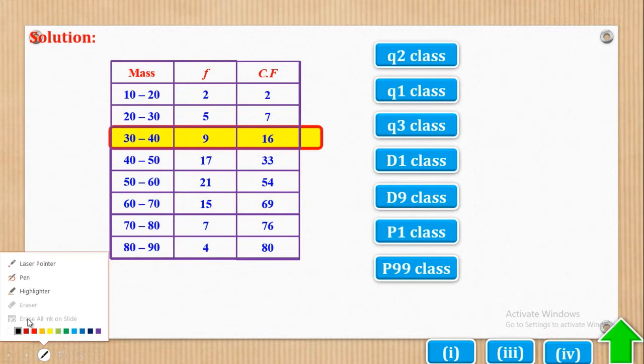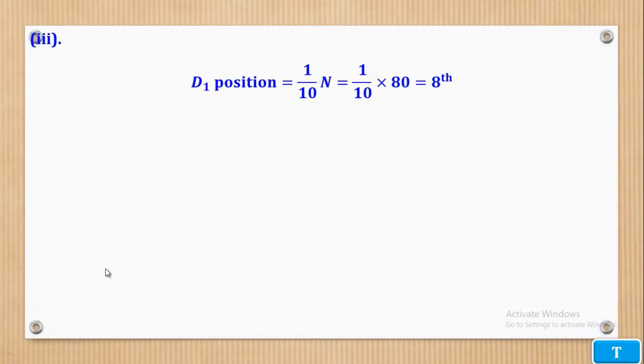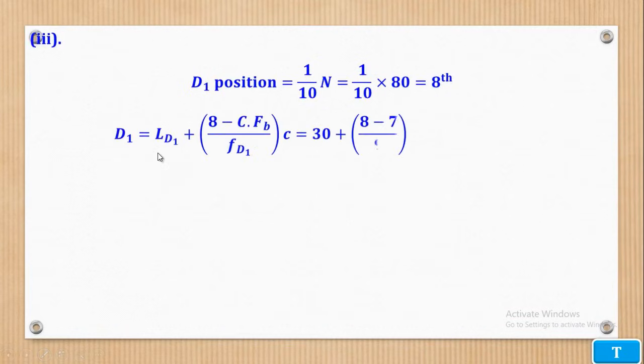That means the lower class boundary is 30, frequency of that class is 9, cumulative frequency before is 7, and class width is 10. Therefore, we shall substitute those values in our formula. So code the formula and substitute. And this will be the value of D1.